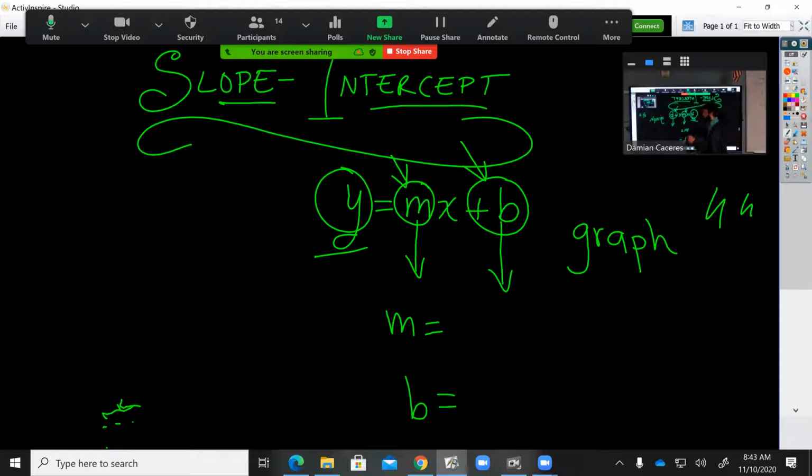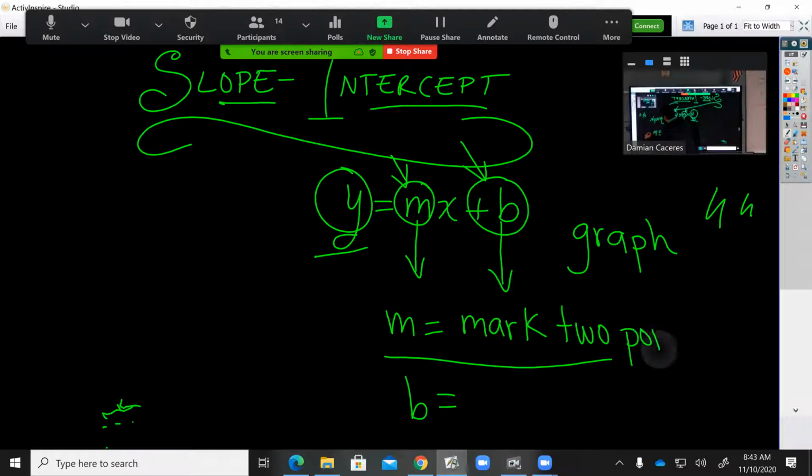So, here are the instructions again on how to find the slope from a graph. You mark 2 points. Once you mark 2 points, you rise and run. That's how you find the slope from a graph.